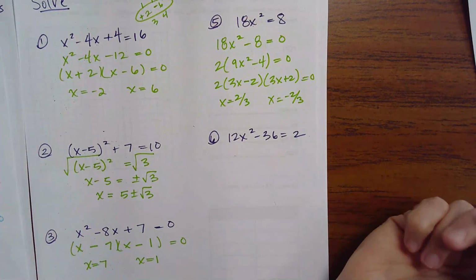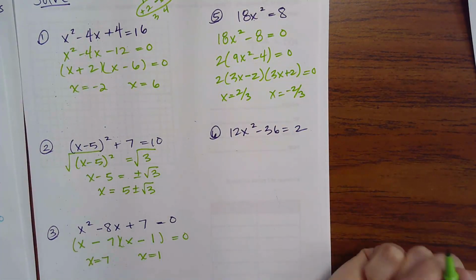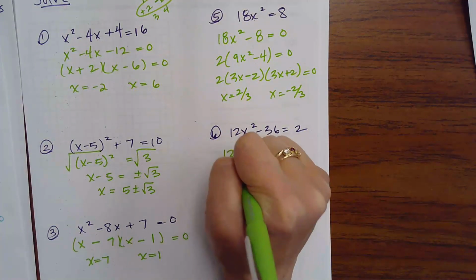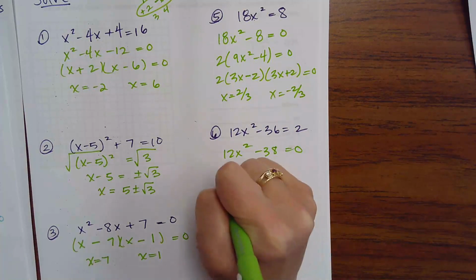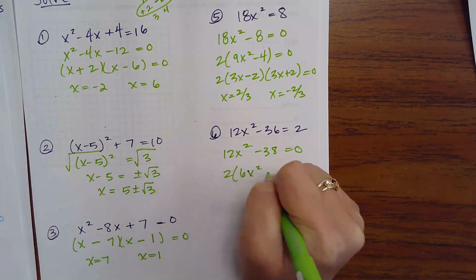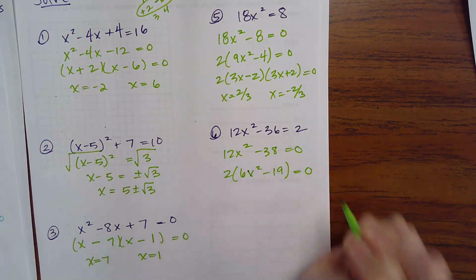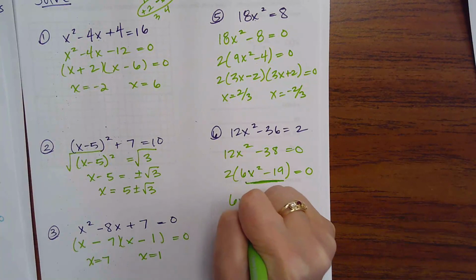And then the last one, I want you to do the same thing. Notice that it's a binomial. Go ahead and set it equal to 0 first. And then factor out what you can in terms of the GCF. And then this one is not factorable any further, so what you're going to do is you're going to set this equal to 0.